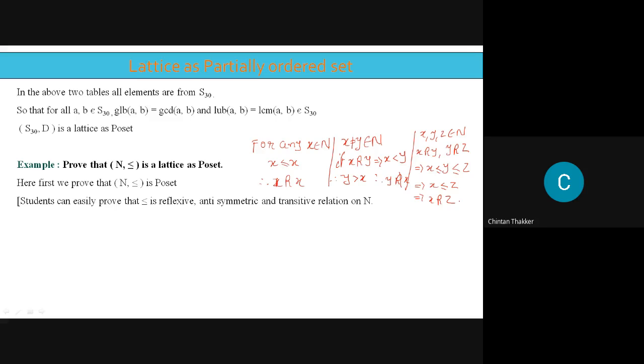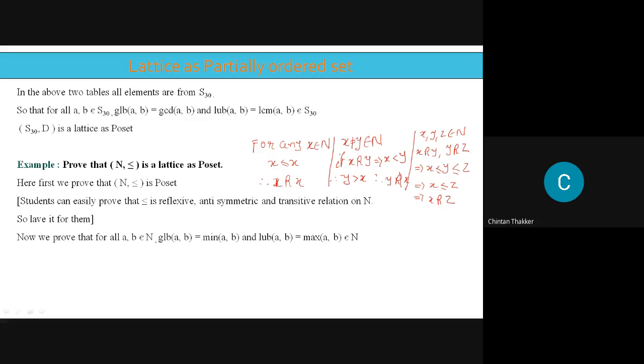Okay. Now we prove that if we take two elements A, B belonging to N, the GLB and LUB both belong to N. Now when we have the less than equal to relation, what are the GLB and LUB?